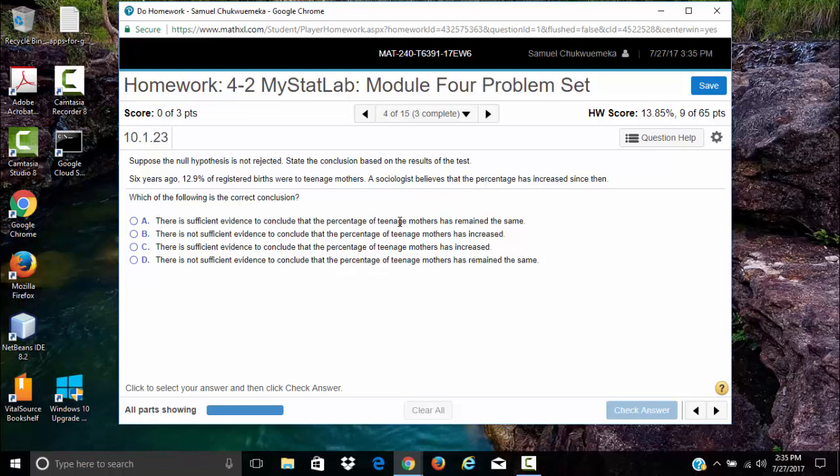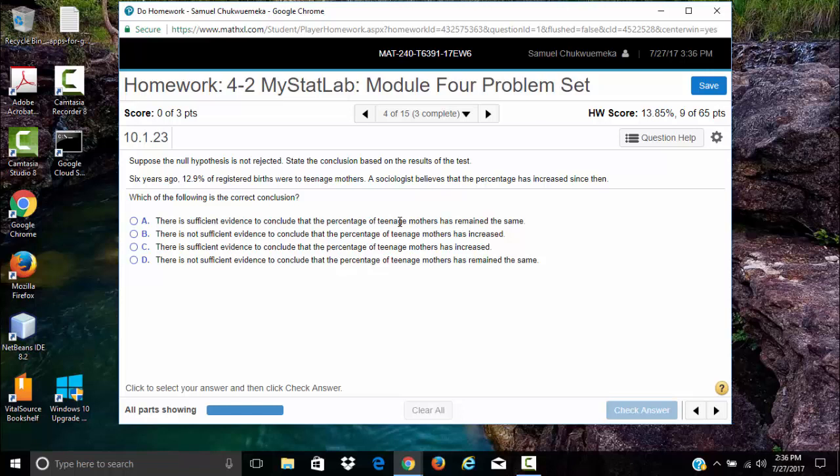I want to explain all this to you so you really understand it at first try. Rejection of the null, in essence, means accepting the alternative, which is that the percentage has increased since then.